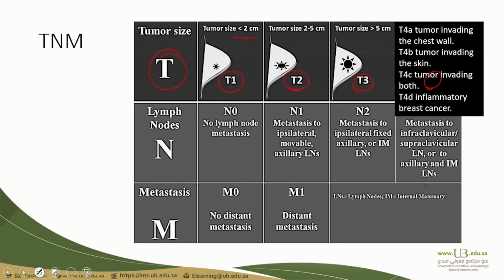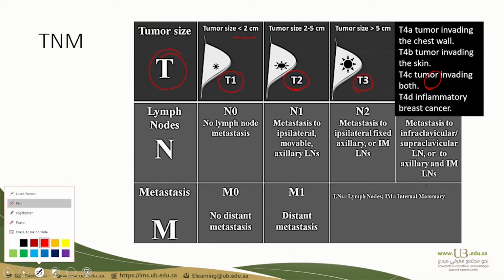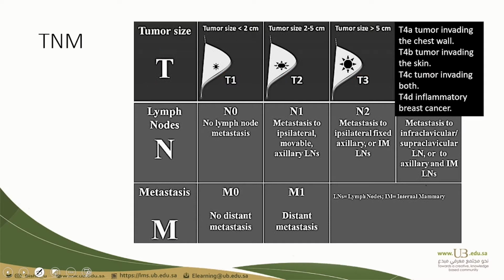So this subclassification of T4: T4A, tumor invading the chest wall. And here we have to clarify some confusion regarding the T4A. Most people consider that if the tumor reached the pectoralis major, we call it T4A.